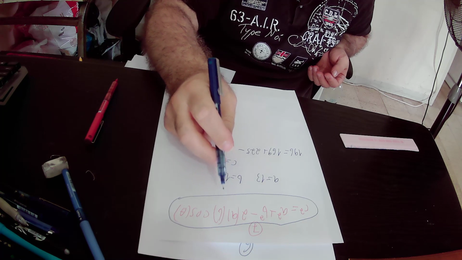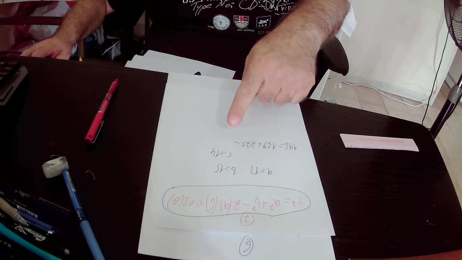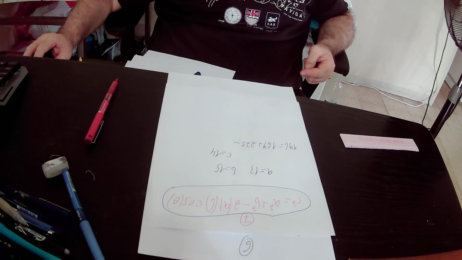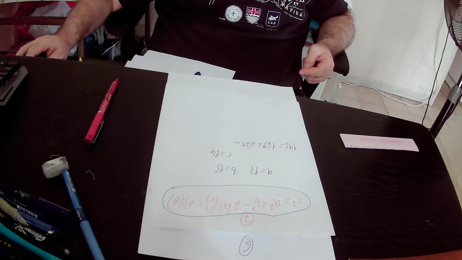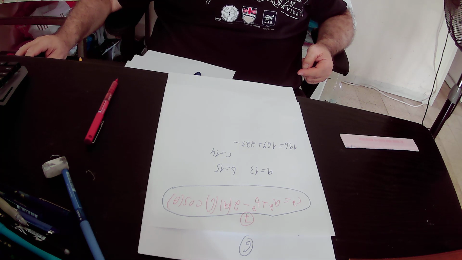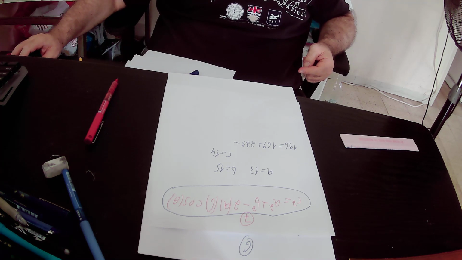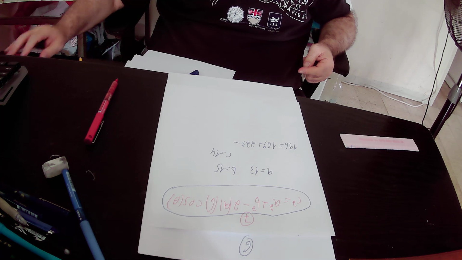Minus 2 times AB. A times B is 13 times 15, which is 195, and 195 times 2 is 390.